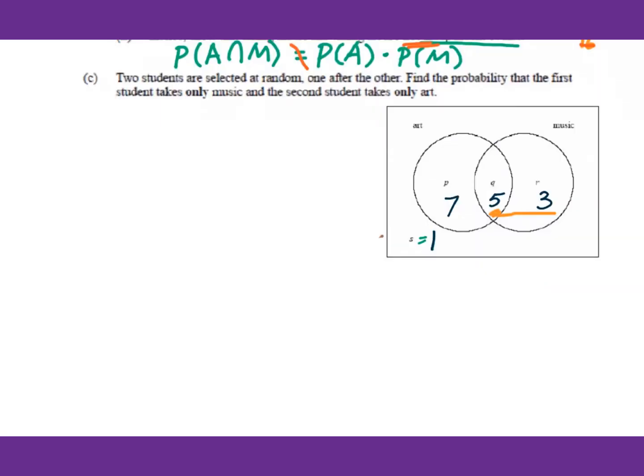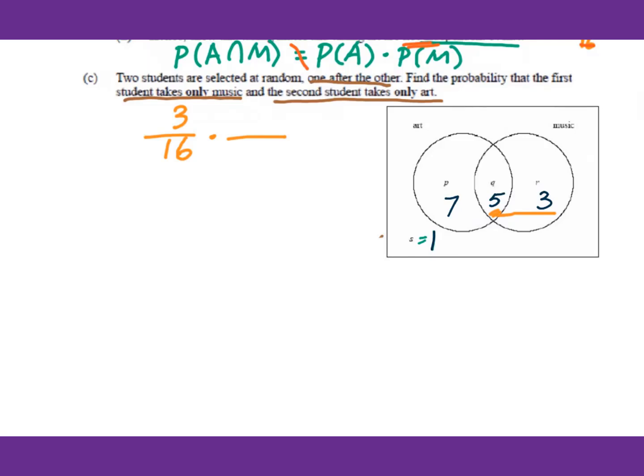2 students are selected at random, one after the other. Find the probability that the first student takes only music and the second student takes only art. The probability that the first student takes only music will be 3 over 16 times the probability that the second student takes only art.